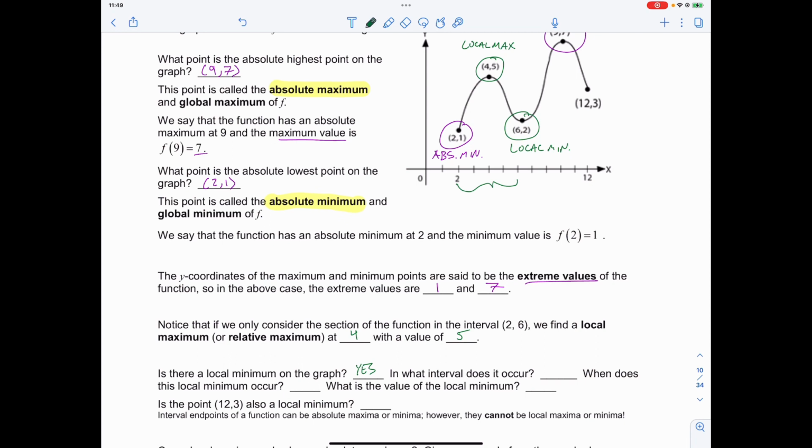Where does this occur? It occurs in between these two maximums, so it occurs in between 4 and 9, or on the interval of 4 and 9. When does this occur? It occurs when x is equal to 6. And what is the value of it? The value of the minimum is 2.